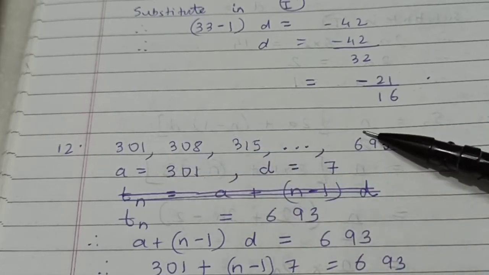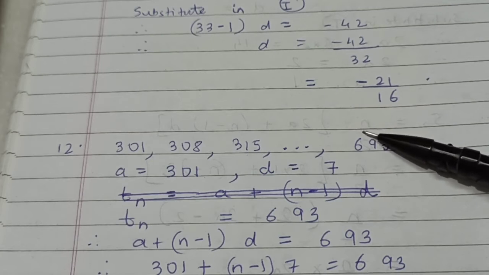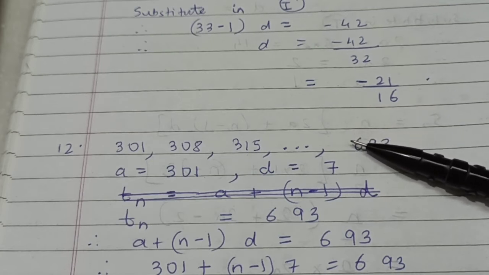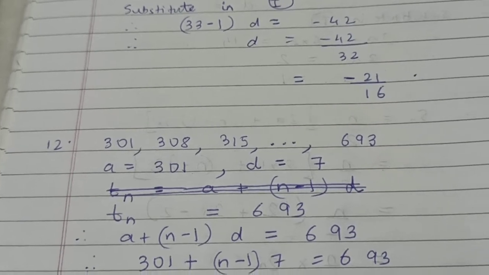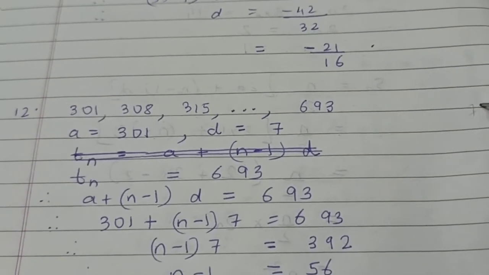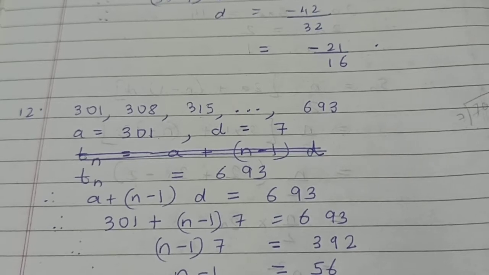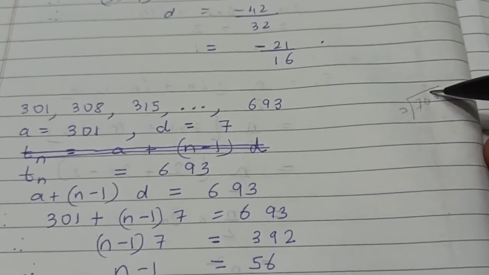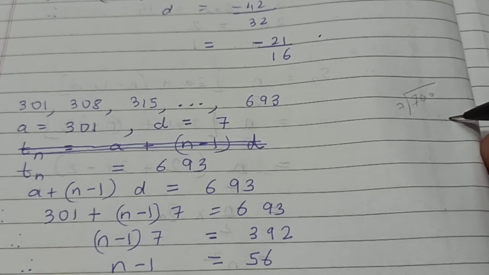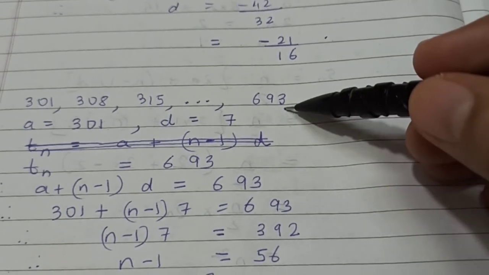And 700 doesn't go. But when you divide 700 by 7, you get some remainder. And after subtracting that remainder from 700, you will get 693.